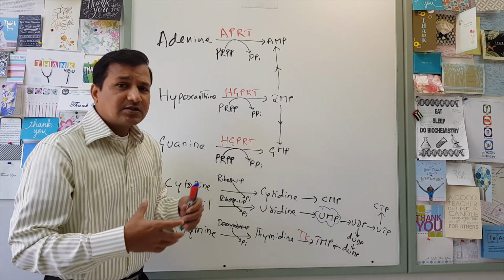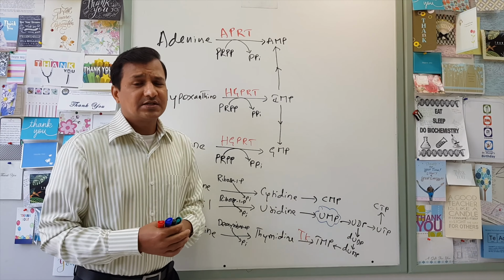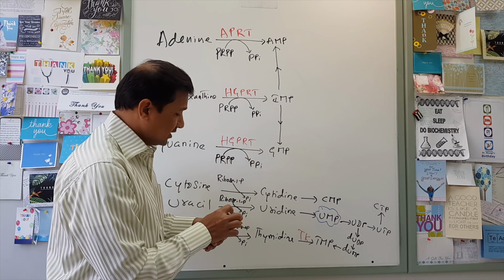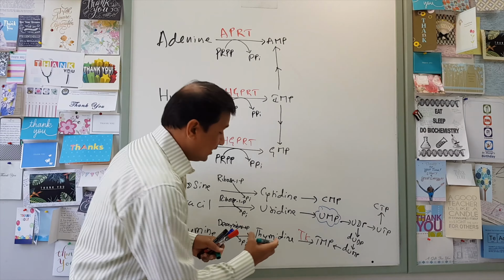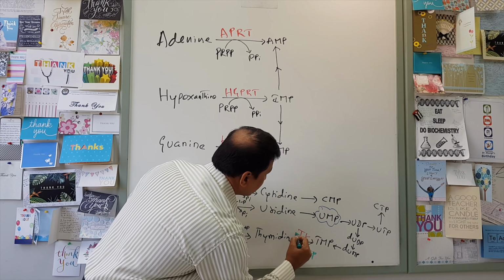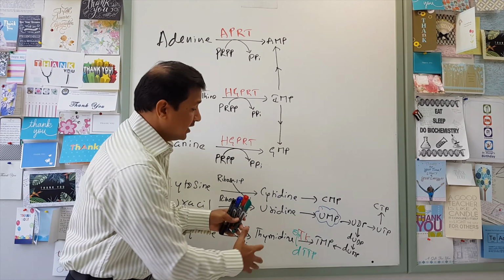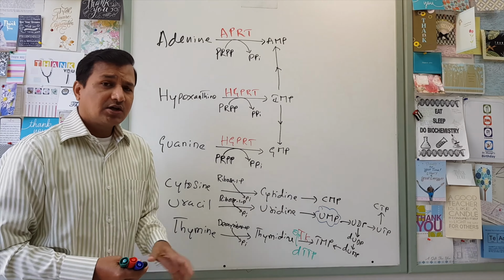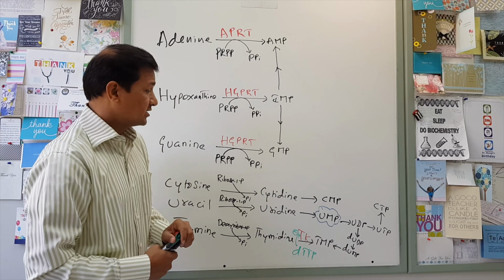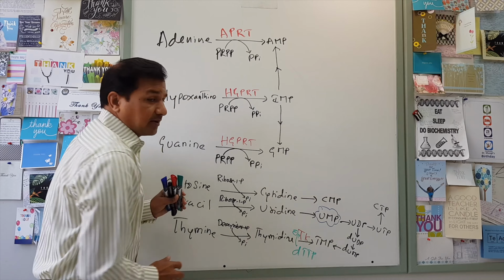So high activity of thymidine kinase indicates the S phase, the synthetic phase of the cell cycle. Also, whenever there are high levels of dTTP, deoxythymidine triphosphate, it has an inhibitory effect on thymidine kinase, thereby decreasing the activity of the enzyme. Now this is all about the pyrimidine salvage pathway.